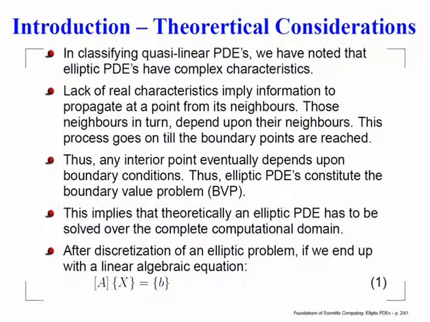So, that makes the job a lot simpler, but because this is a boundary value problem, you will have to take the whole domain together, which makes the job a little more involved. That is what it is. You have to solve the whole problem over the complete computational domain, and after you have done that, you end up with the same thing, A x equal to b.